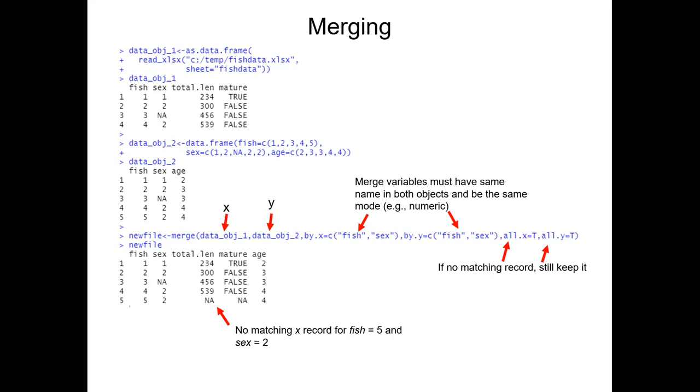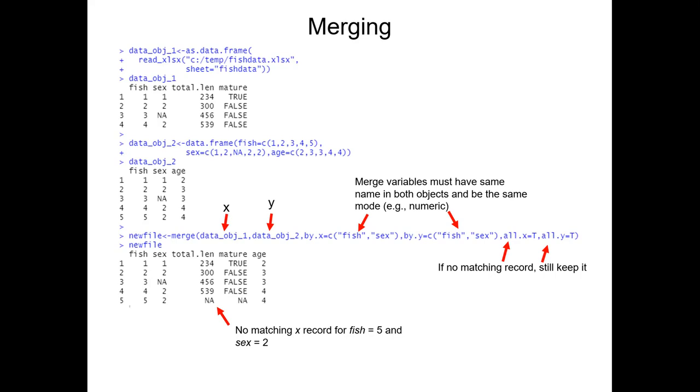Let me back up: there's only 4 in the original object, and now I have 5 within the new object. So there's another fish being added to the data set. The sexes will be the same for the first 4, but the new one is 2.